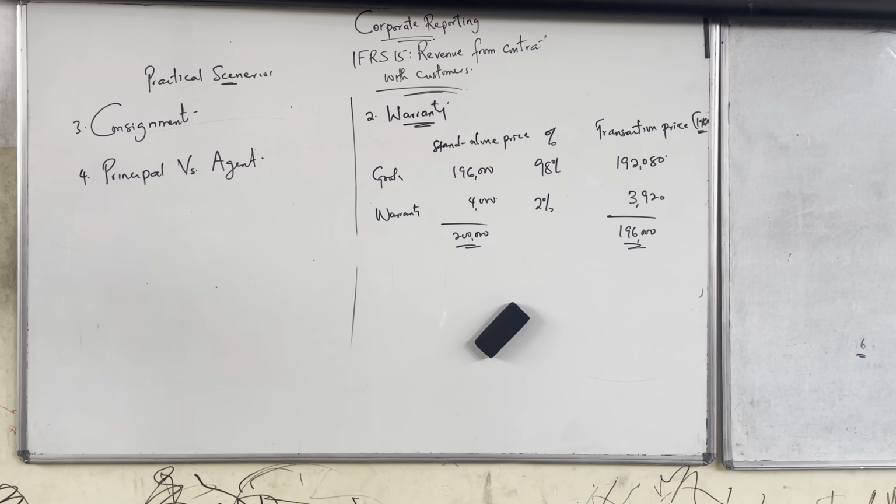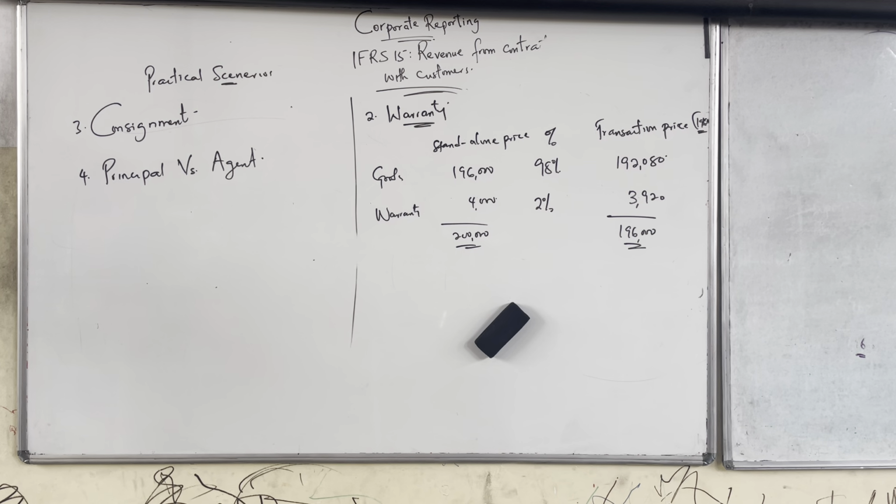But if it's a website like Jumia or Konga, where suppliers put their goods on the website to sell, it's the supplier that determines how much they want to sell for. So usually, Konga is just an agent. The supplier determines the price of those goods or services.